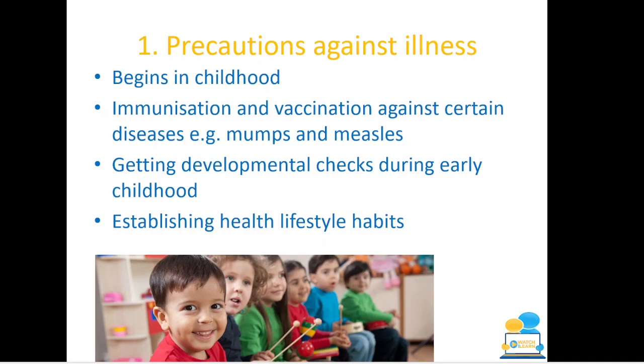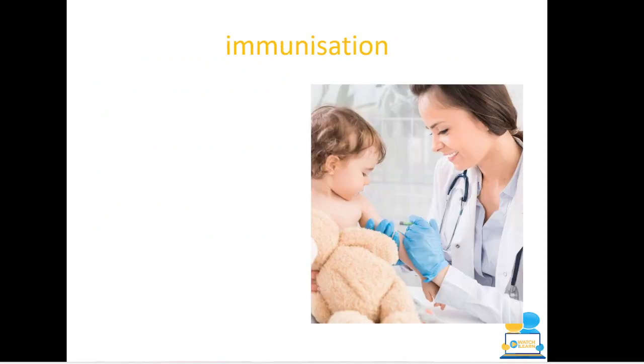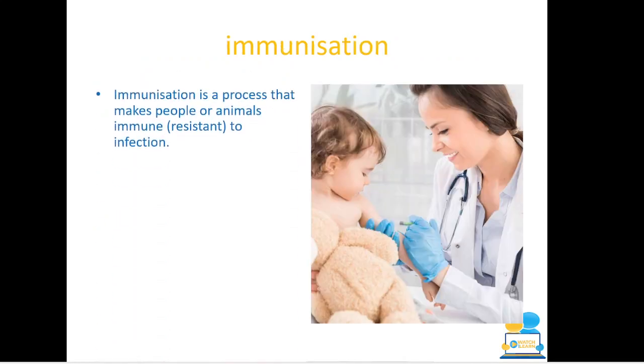Essentially, when you get your vaccines, it establishes healthy lifestyle habits, and it prevents you from getting certain conditions and diseases later in life. So immunization is essentially a process that makes people or animals immune or resistant to infections.